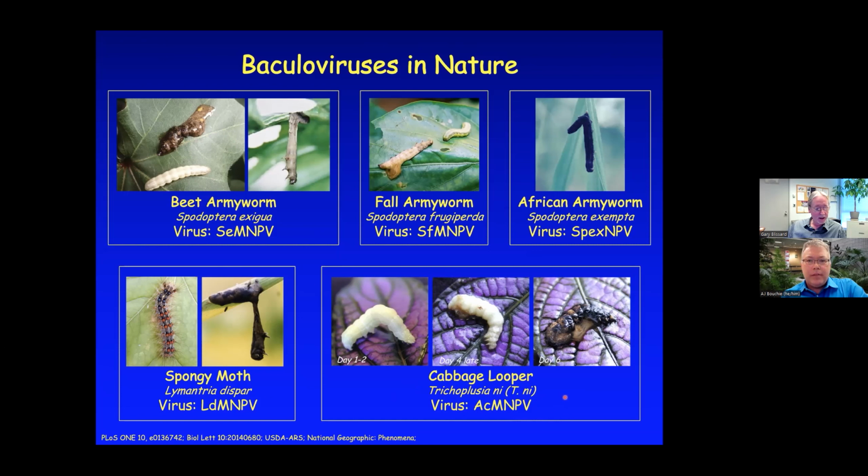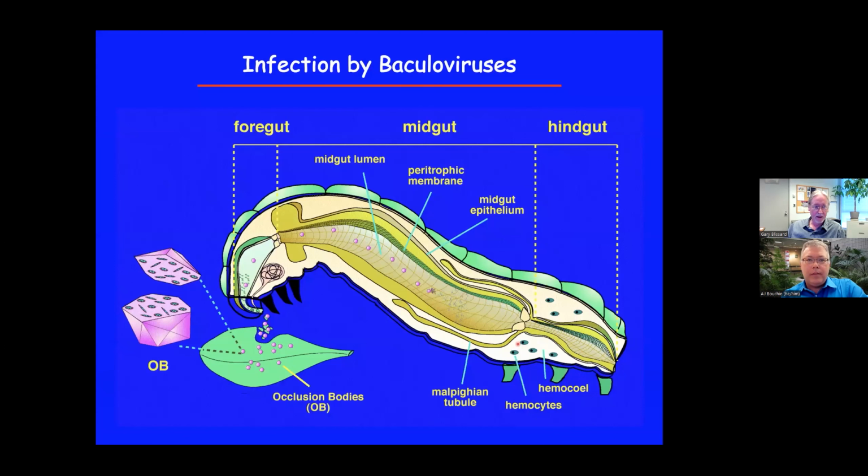The infection is instigated by a form of this virus called occlusion bodies. These are like spores. They're large crystals that contain, embedded within them, the infectious virus particles.